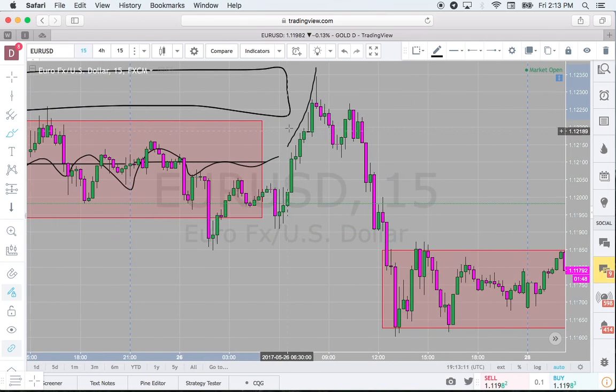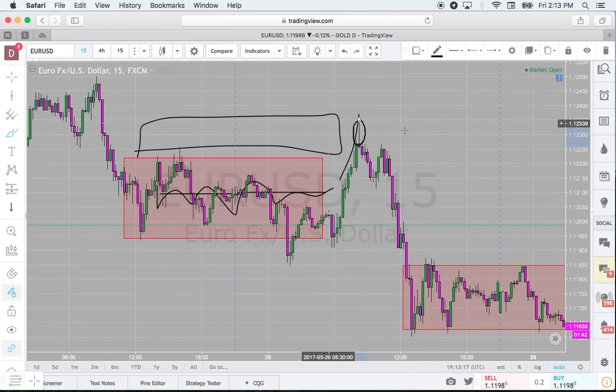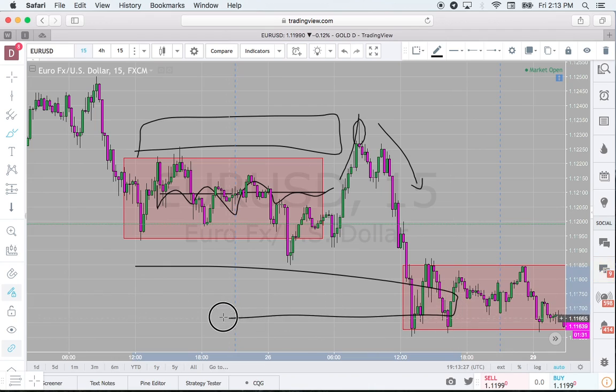That spike did the job right there. That's all they needed to do to hit most of the stop losses of the people that were in here selling, and then drop price to hit any stop losses of people that were buying in here.